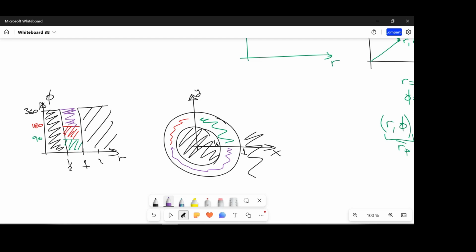So what's my log polar? Log polar makes this axis logarithmic. But aside from that, there is no other difference. Okay, good.